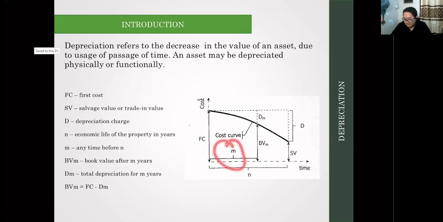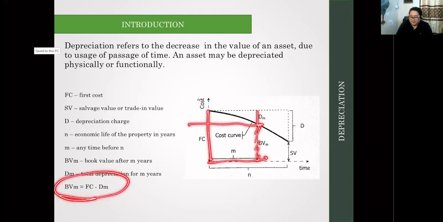So ma-identify natin yung value niya, tawagin natin BVM o yung book value niya after M years. Then pwede natin ma-identify din yung total depreciation after M years. So makukuha natin si BVM using dito sa graph FC minus DM. Kaya meron tayong formula.